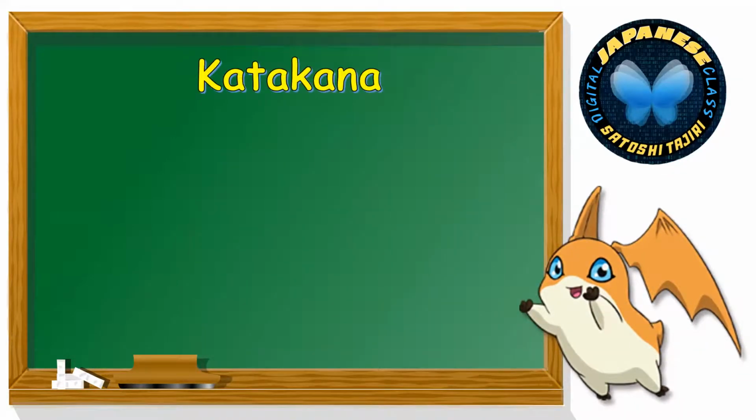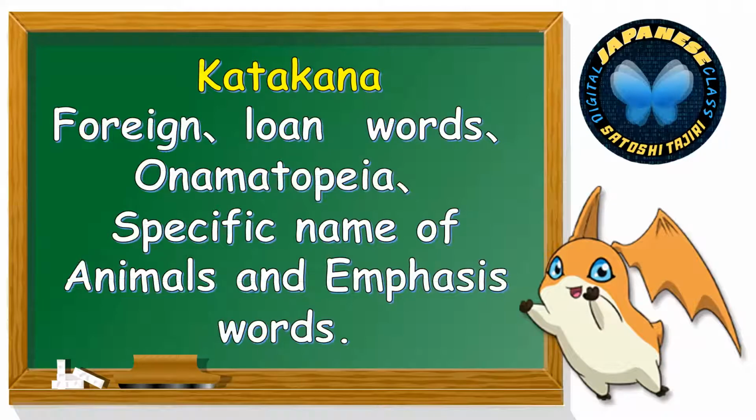Now, what else can we use katakana for? Aside from foreign loan words, onomatopoeia, which means like a sound. For example, if your dog is barking, you write it in katakana instead. A specific name, for example, a particular name of animals or plants like rose, we can use katakana for.